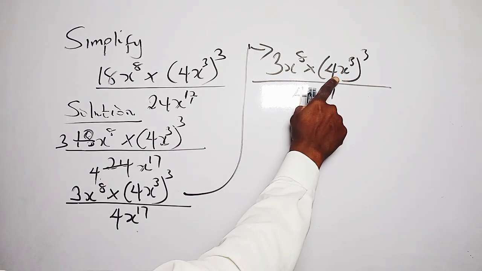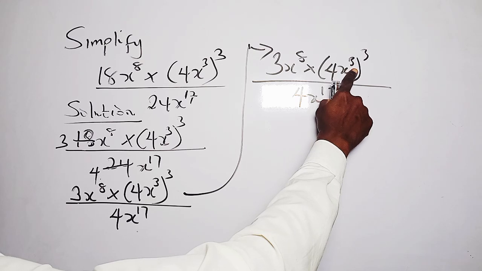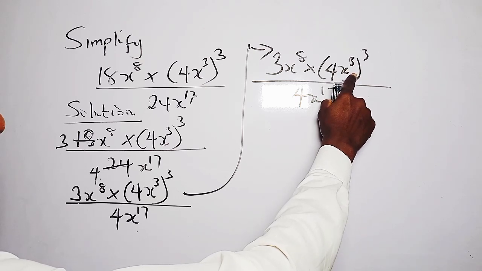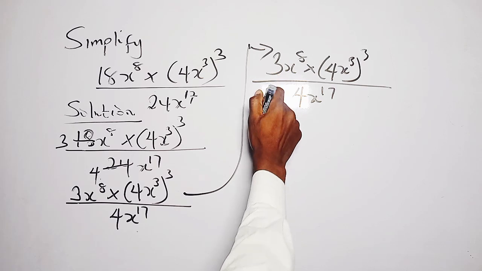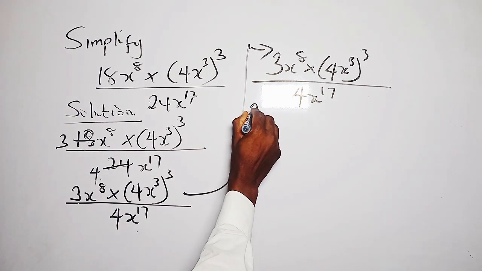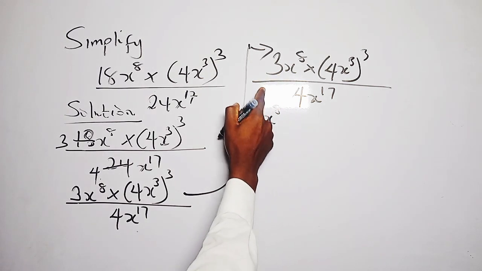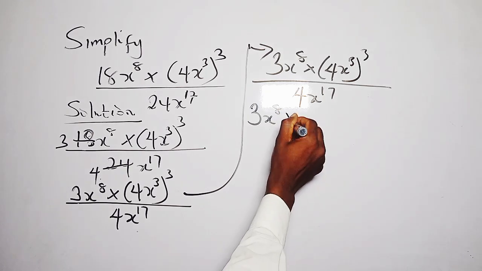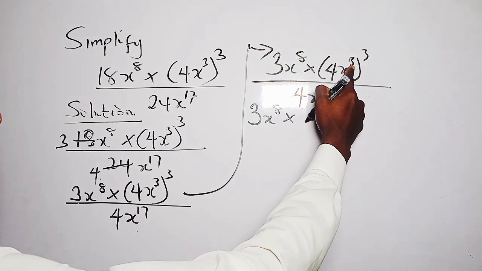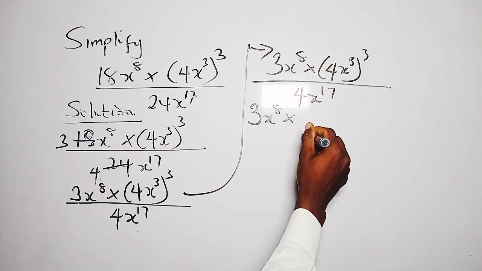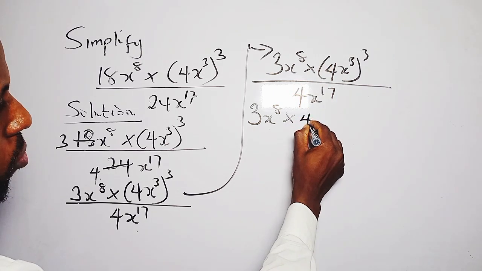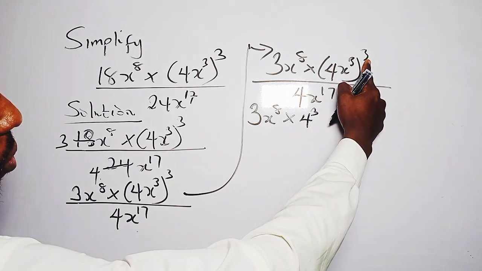When we look at this, we can apply the exponent rule. How do we do that? We multiply this with this. So let's simplify further. We have 3x raised to the power 8, times, and when you apply the exponent rule, this external power will affect this 4 as well. So we have 4 raised to the power 3 as a result of this power.